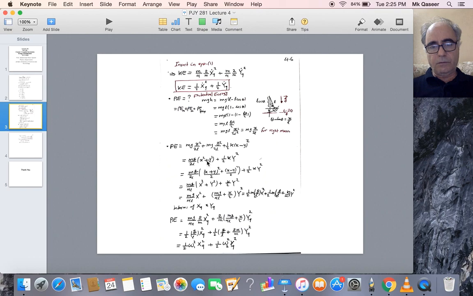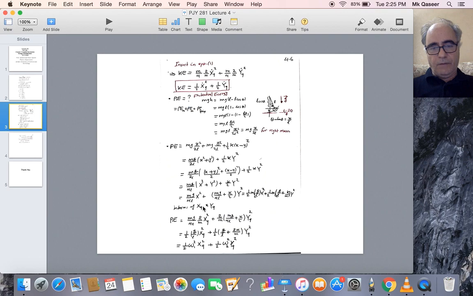We split it into two parts, (x plus y) squared over 2 and (x minus y) squared over 2, and recognize that x plus y is X capital and x minus y is Y capital. So we get mg over 4L of (X squared plus Y squared) plus k over 2 Y squared, which is equal to mg over 4L X squared plus (mg over 4L plus k/2) times Y squared.